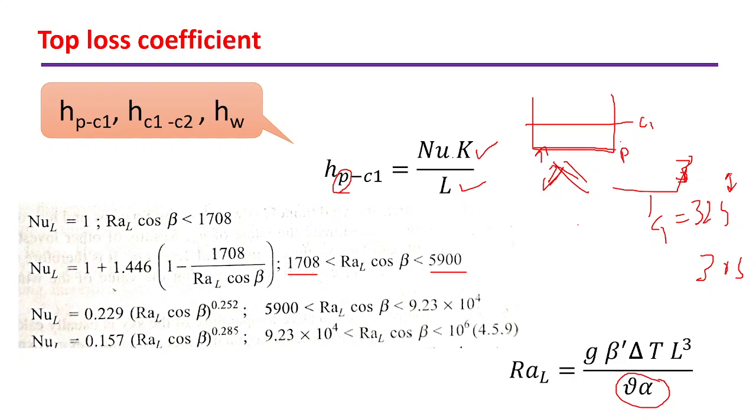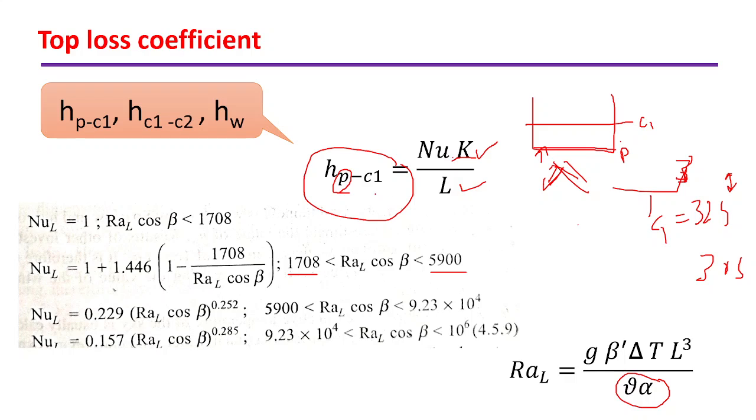Based on that we get all other values from the table, solve first for the Rayleigh number, then the Nusselt number, and after that we get the coefficient HP C1.